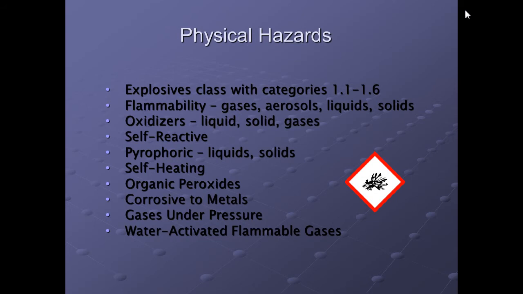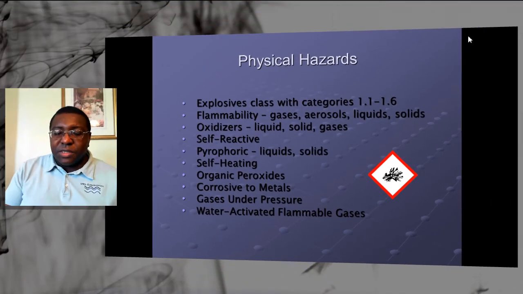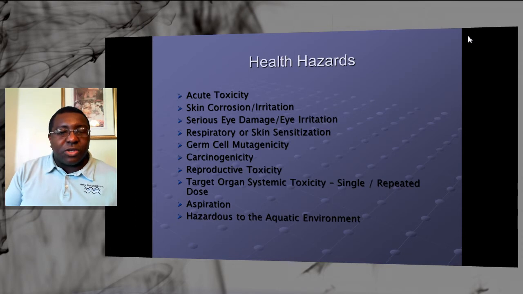Water-activated flammable gas: if you have a flammable gas and you pour water on this, obviously it's going to go on fire. So you should know what you're dealing with, because some people feel that water solves everything, and water does not always solve everything. It could actually make a problem worse. And that's why you have MSDS sheets, which are now going to be SDS sheets, to show you what to use.